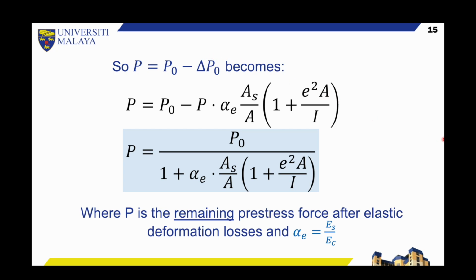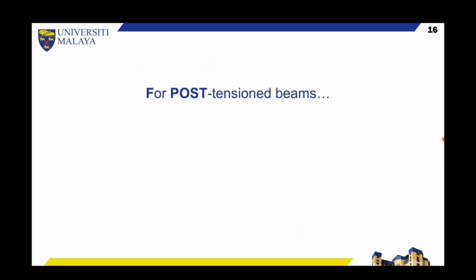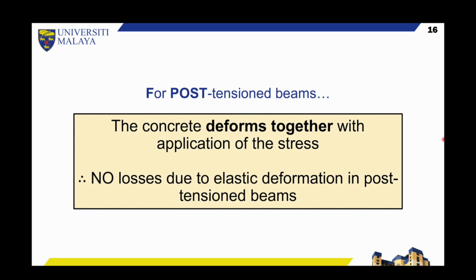For post-tension beams, you don't have elastic deformation because when you apply pre-stressing force to a post-tension beam, the steel and the concrete will deform together. As pre-stressing force is applied to the steel, it elongates, and the pre-stressing force is applied to the concrete and the steel together.